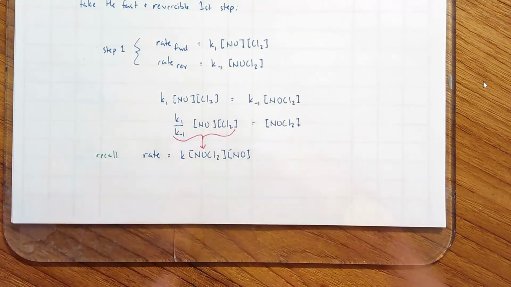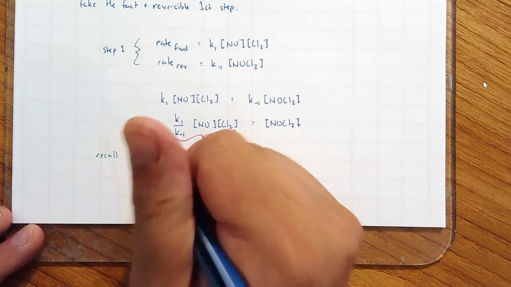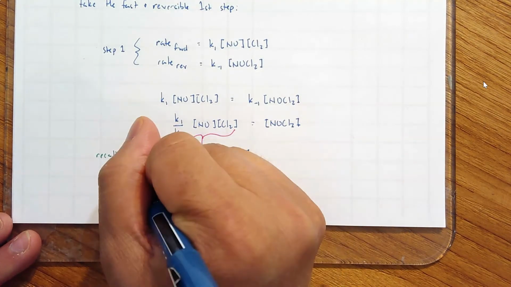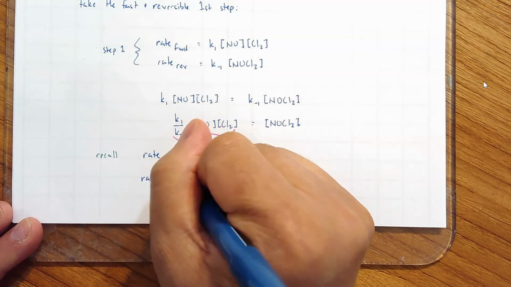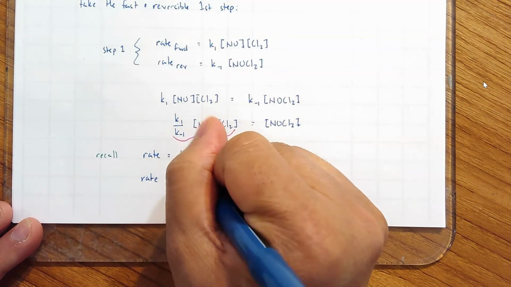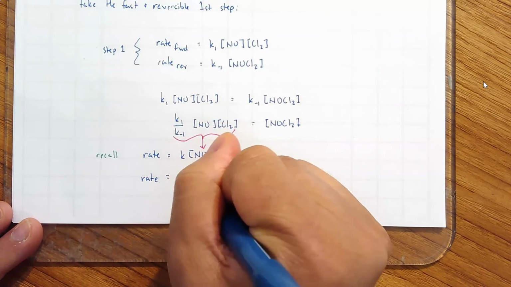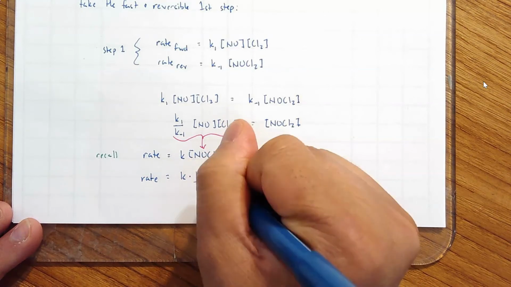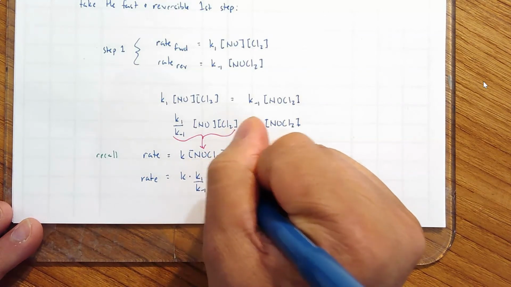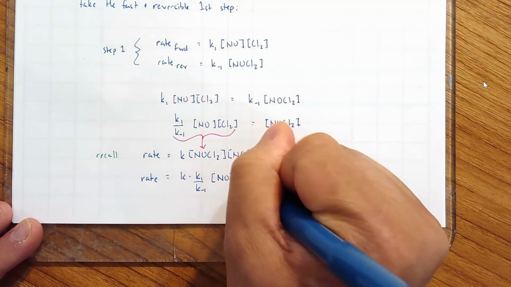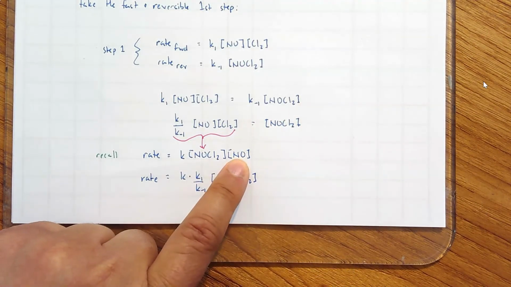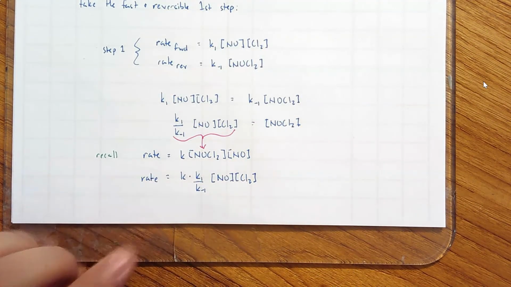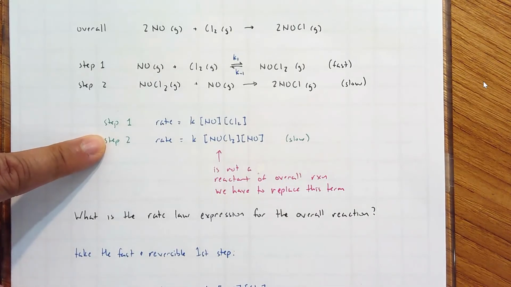See, that's equal to that. All your k's will just conglomerate into one giant k, into a different k. So we do have k times k1 over k minus 1 times the concentration of NO, concentration of Cl2. So that's the replacement. But also we have this NO from our original rate law expression for the slow step.